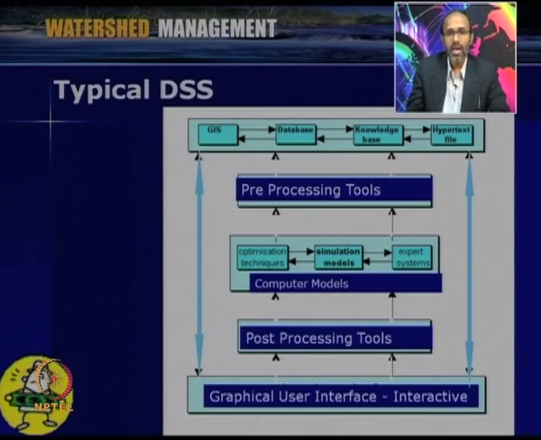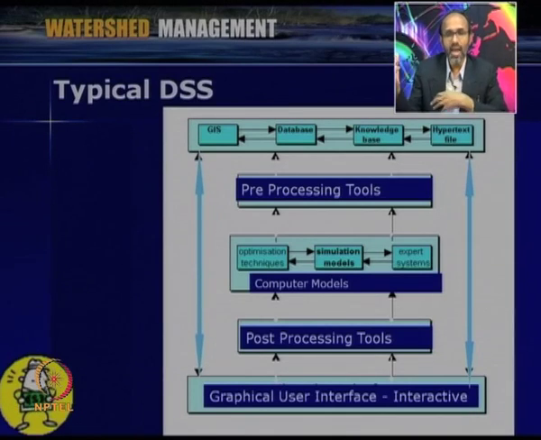So, we need another subsystem called post-processing tools. The post-processing of the simulated results can be represented in graphical forms, such as bar charts, animations, contours, or in tabular form. These results or outcomes are given to the decision maker by using the graphical user interface.